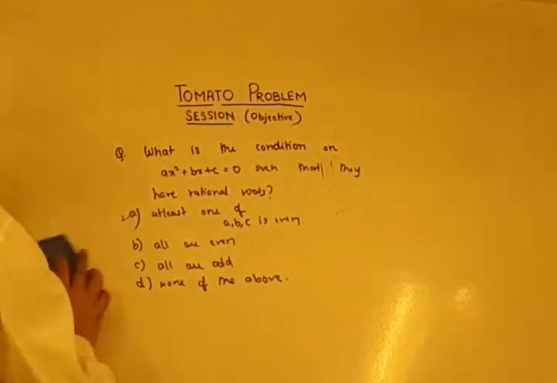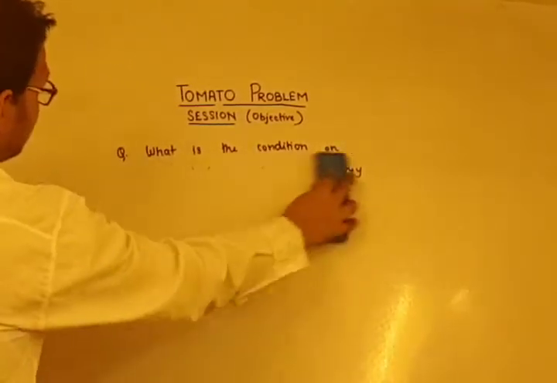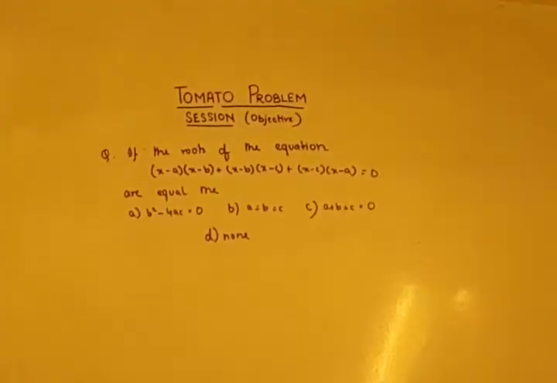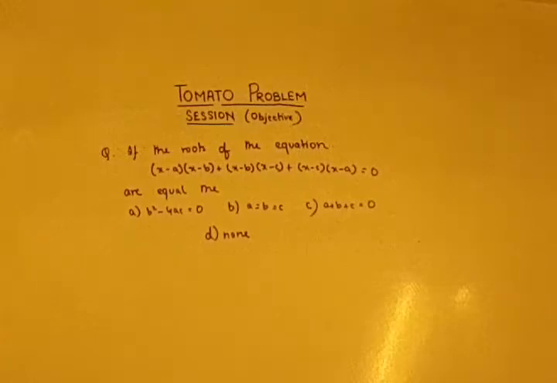So let's get back to the third problem of the day. It says that if the roots of the equation (x minus a)(x minus b) plus (x minus b)(x minus c) plus (x minus c)(x minus a) equals to 0 are equal, then, sorry, so this is a grammatical mistake.